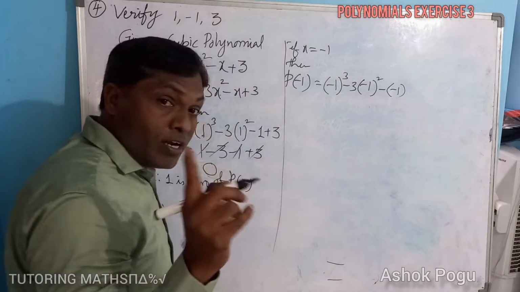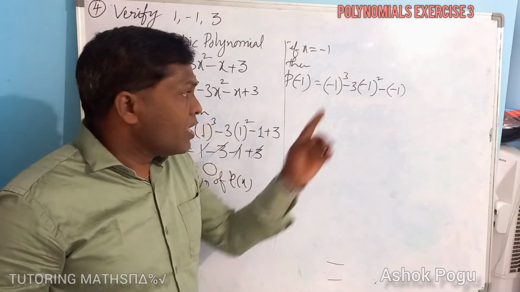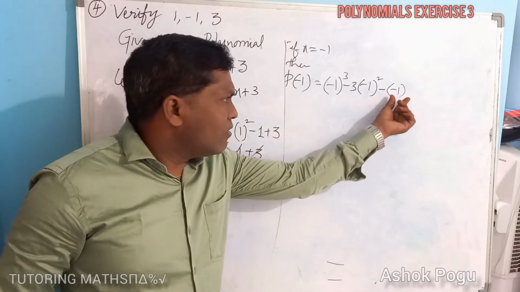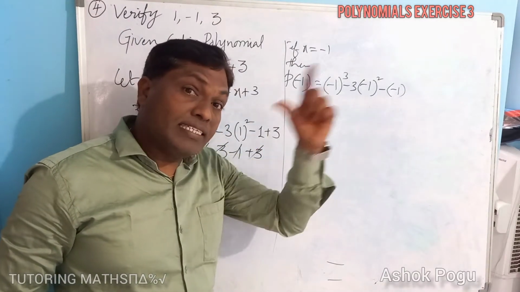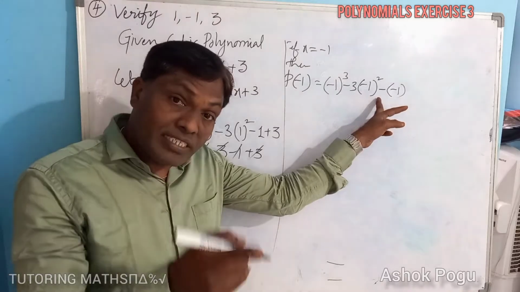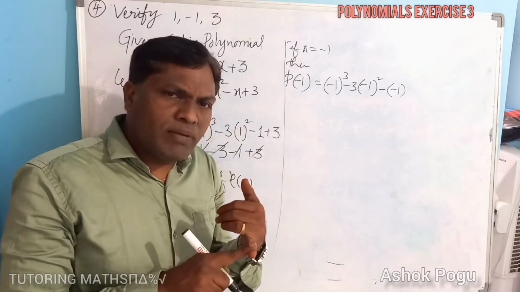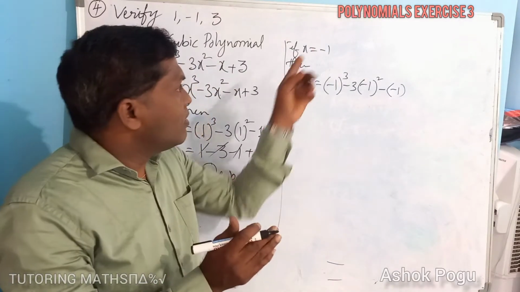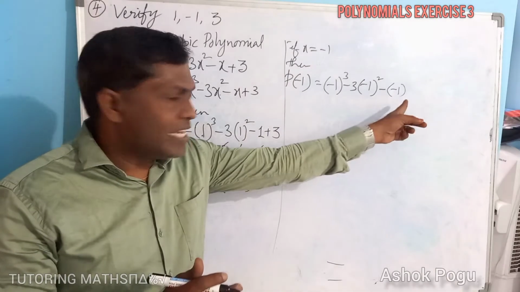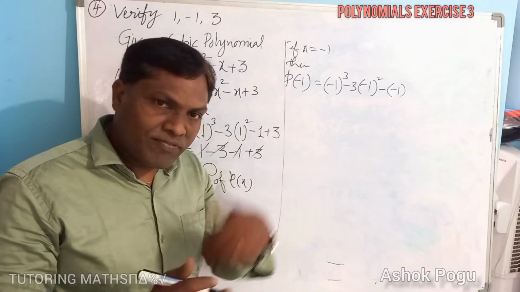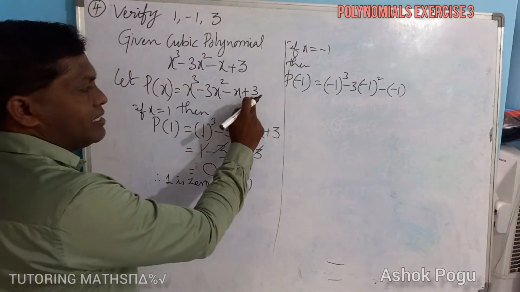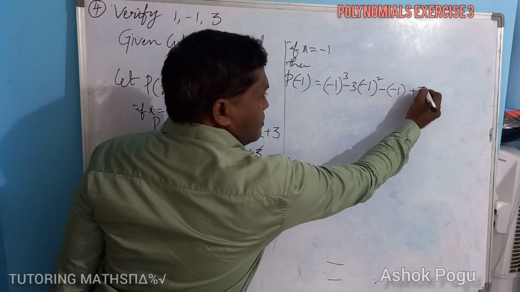Minus. Already I have told you in our previous videos, whenever a value is negative and the symbol outside the bracket is also negative, when you get 2 negative symbols, you take the negative value in brackets to avoid confusion. And coming to the next, plus 3.